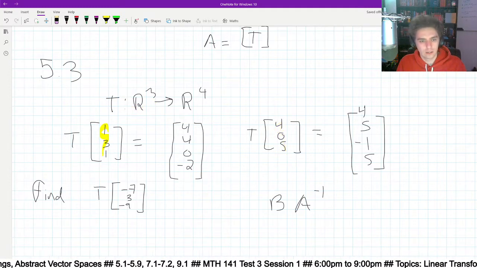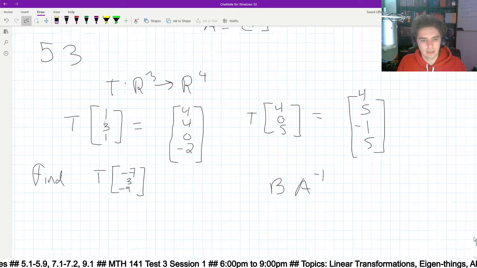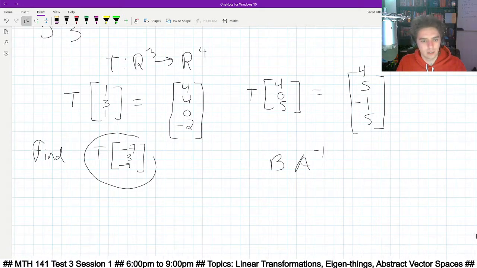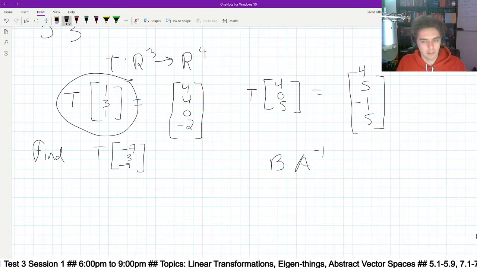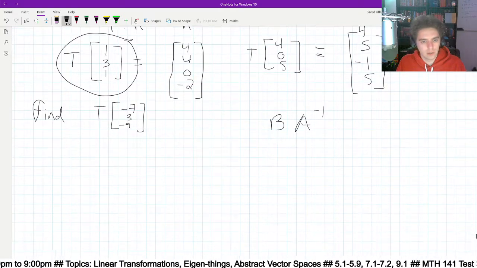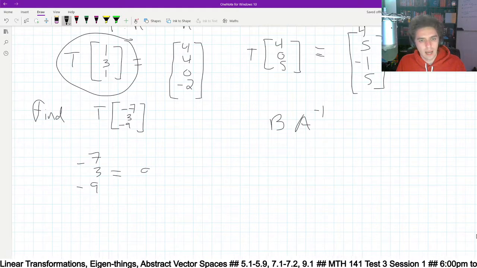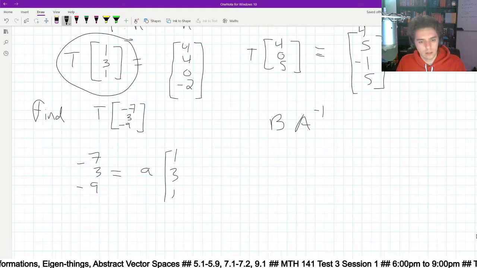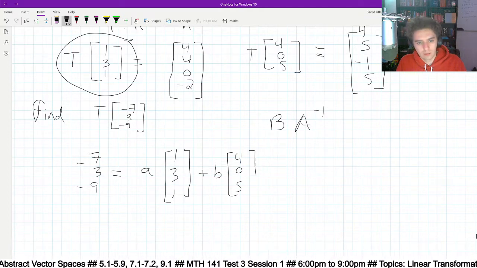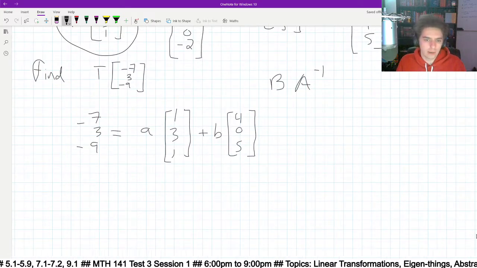So the only thing I can do is see if I can create (-7, 3, -9) as a combination of (1, 3, 1) and (4, 0, 5). We're trying to see if this has any solutions for A and B.